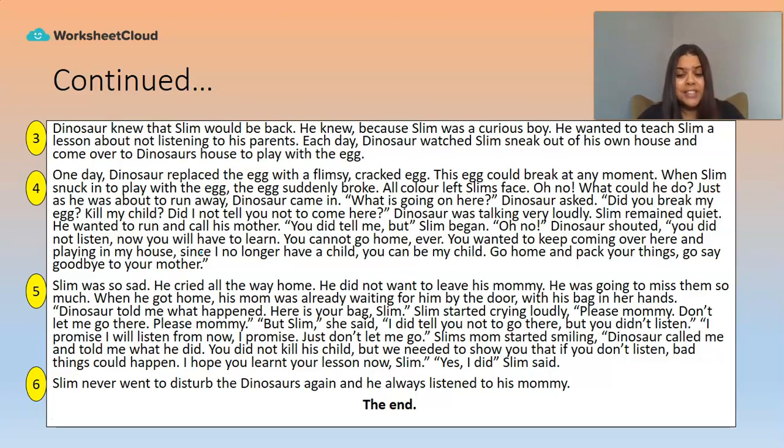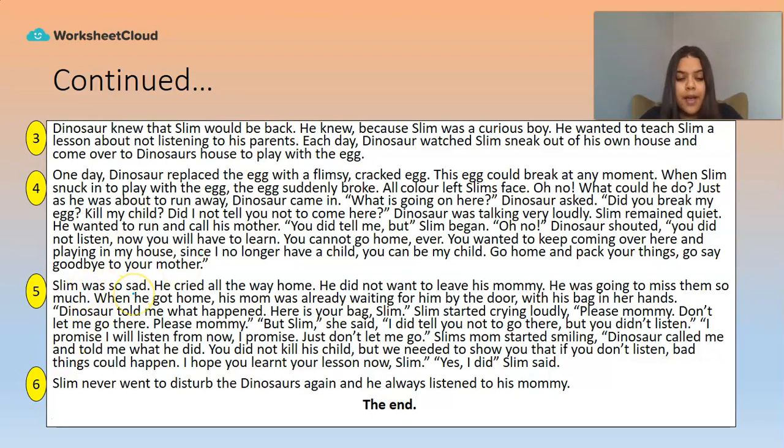"You did tell me, but—" Slim began. "Oh, no!" Dinosaur shouted. "You did not listen. Now you will have to learn. You cannot go home, ever. You wanted to keep coming over here and playing in my house. Since I no longer have a child, you can be my child. Go home and pack your things and go and say bye to your mother."